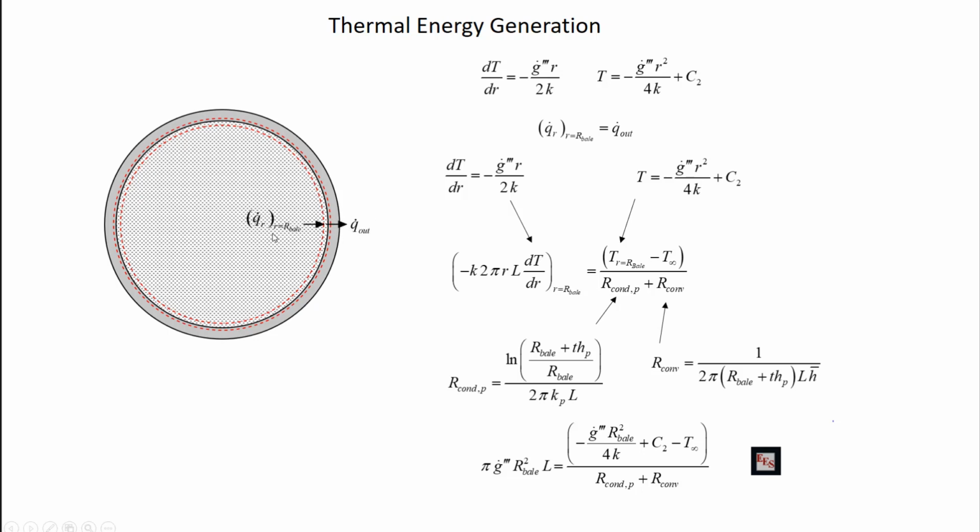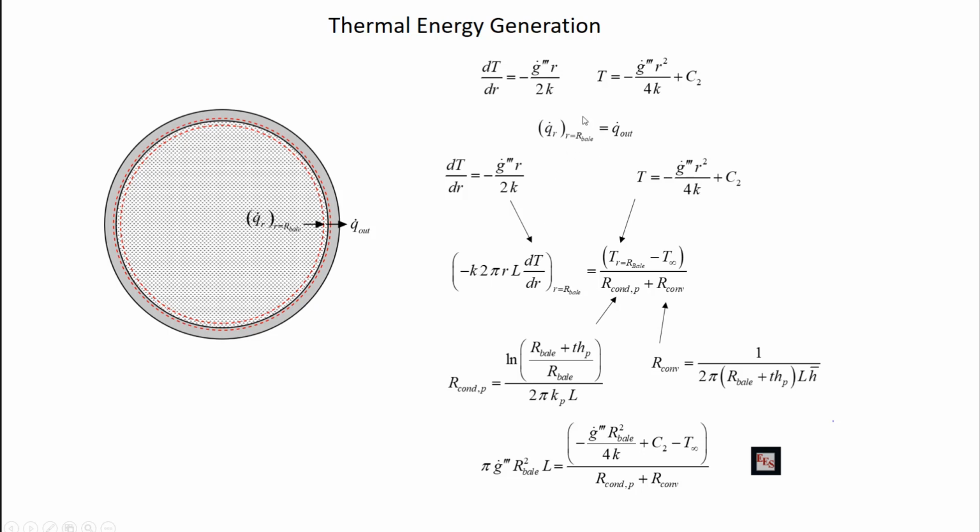And my boundary condition says whatever the rate of conduction is right here at the outer edge of the bale, that's my in, had better be exactly equal to whatever is being conducted and then convected through the plastic and to the air. So that's my Q dot out. So this guy right here is my boundary condition. Whatever I do up here with this general equation, it better satisfy that boundary condition. All right, so next thing we do is just plug in terms and try to make that work, right?